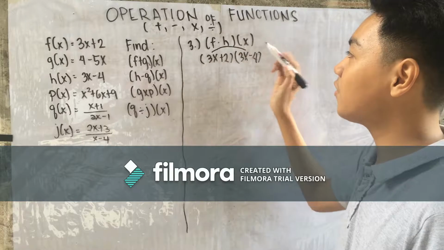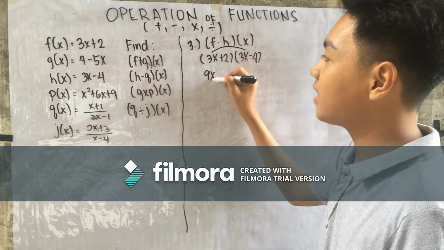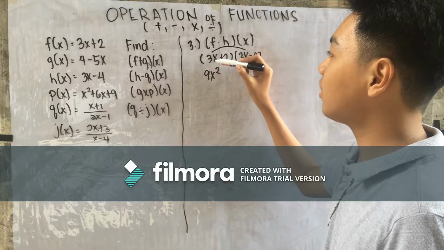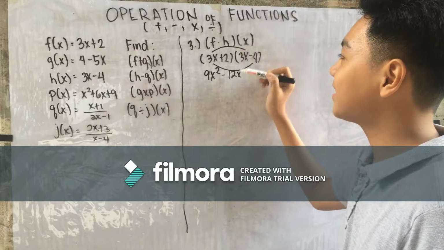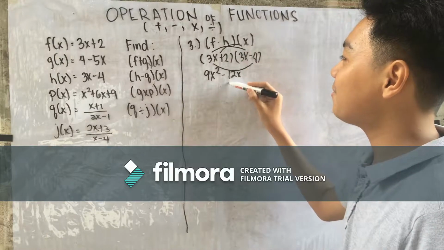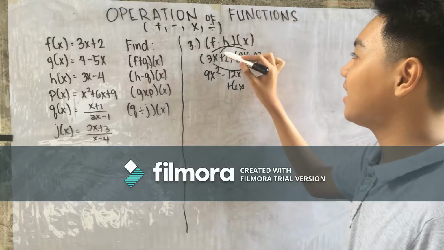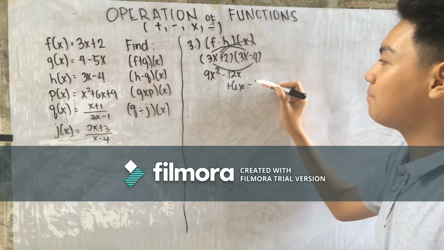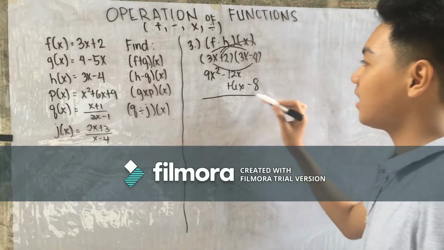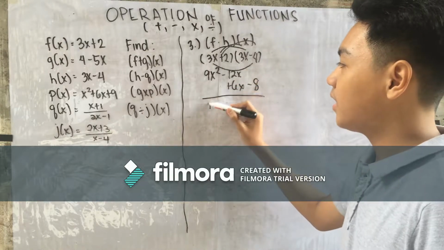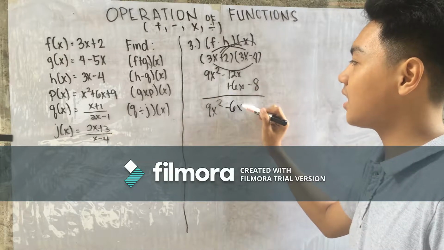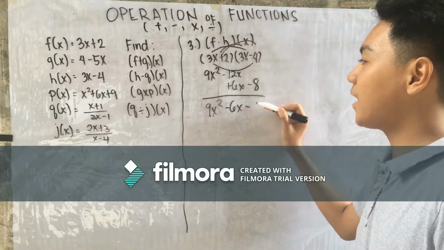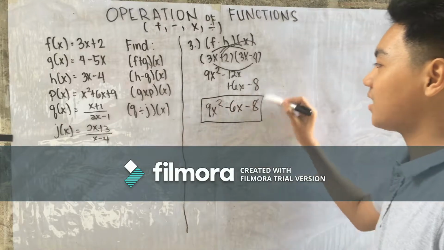So, ito, first to first, 9x squared, outer to outer, minus 12x, inner to inner is plus 6x, then last to last is minus 8. Then, add them, 9x squared, minus 6x, minus 8. So, ito yung final answer.